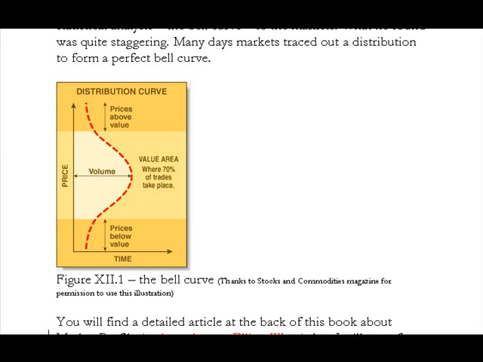The distribution curve that you're seeing on the screen at the moment illustrates this point. Now that could be people's heights. You see that in the middle there's a thick lump where most people lie, and then at the extremes there are far lower numbers. Now if you treat market action in the same way, there's one big difference here.